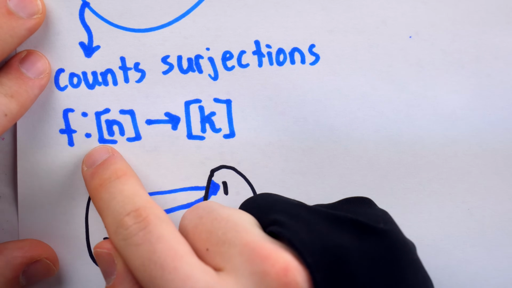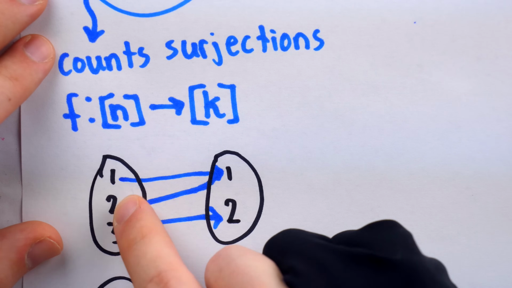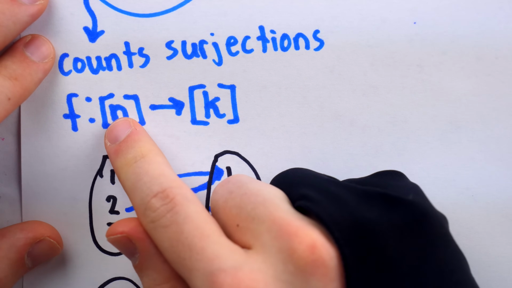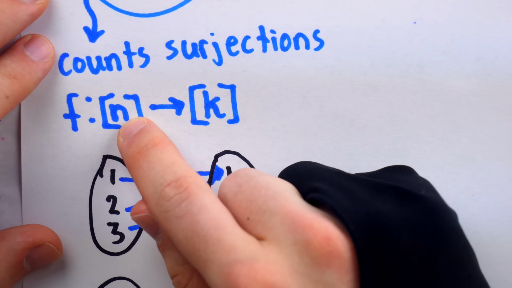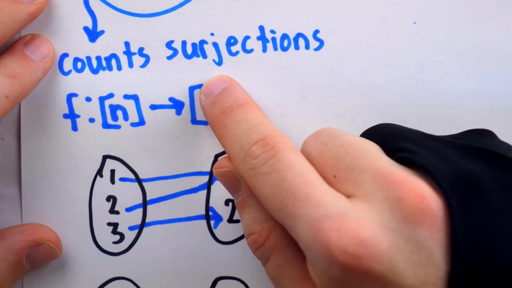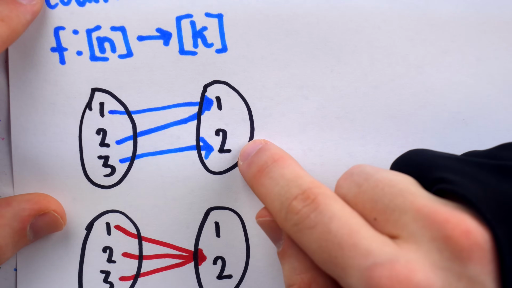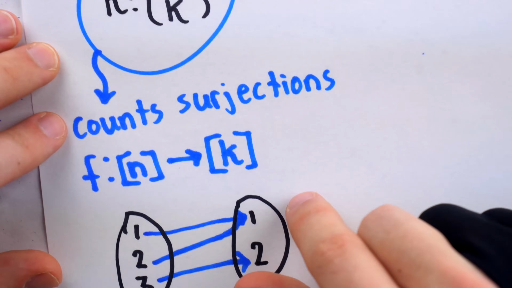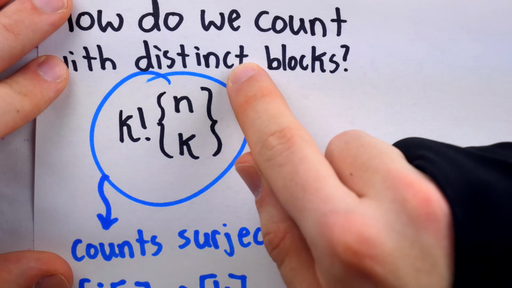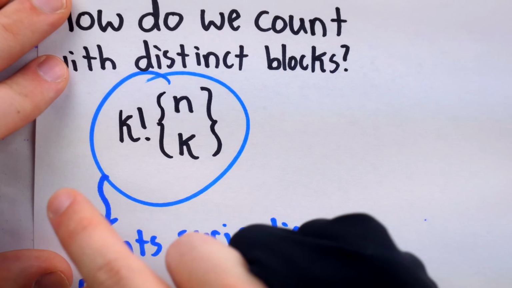It's because mapping these n positive integers into k positive integers is like splitting up these n positive integers among k blocks, except the k blocks, in this case it was 2 blocks, those k blocks are distinct, they're different numbers, so this is the formula that counts that number of surjections.